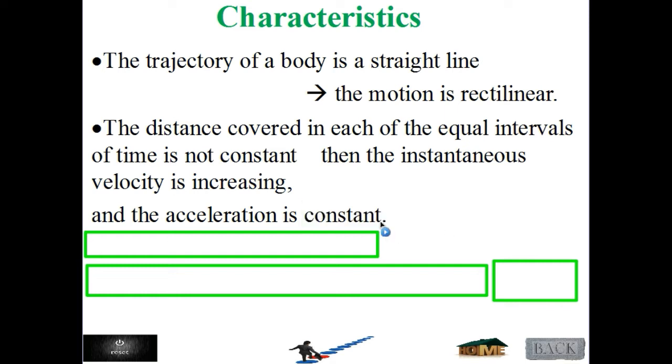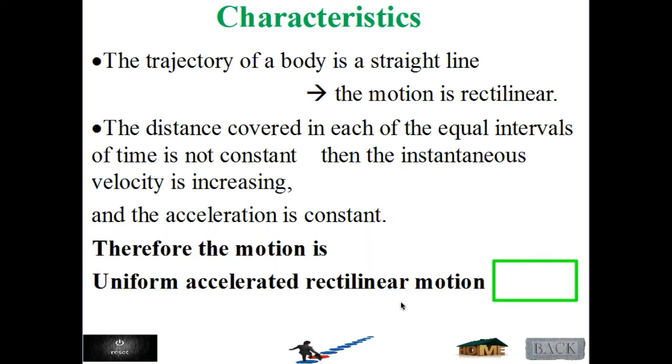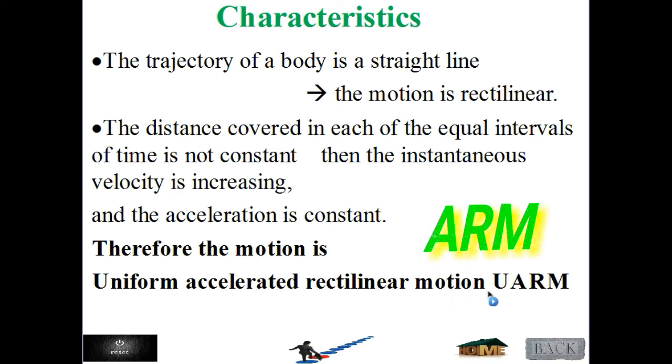As we said, if the acceleration is constant, then the motion is uniform accelerated rectilinear motion, UARM. If the acceleration is not constant, but the velocity is increasing, then the motion is accelerated rectilinear motion, ARM, without U.